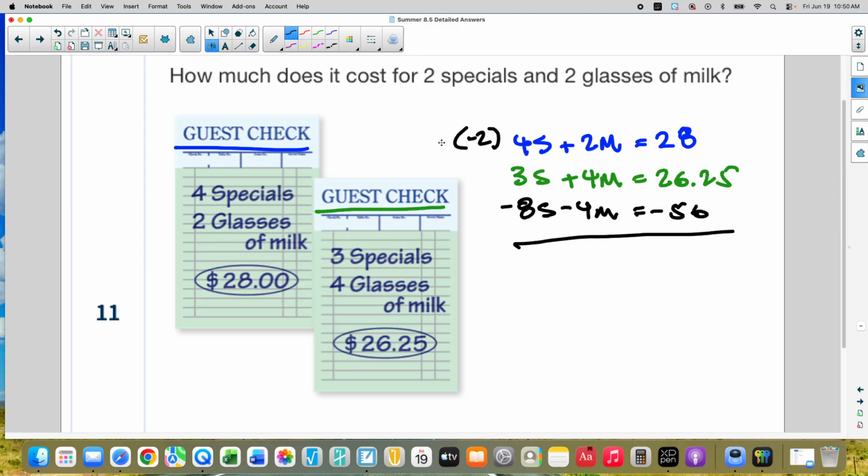So this equation now became that. Here are my 2 equations. This is actually the new blue equation. And if we add the columns, you get negative 5s. The m's cancel, equals, and then you've got 26.25 and 56. That's going to be what? 30.25? Is that right?